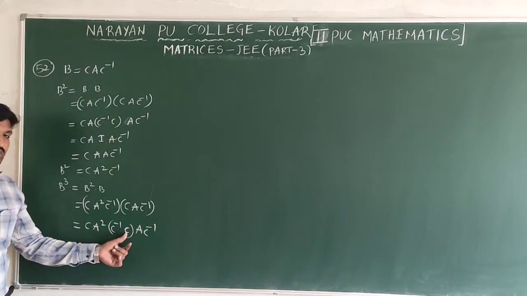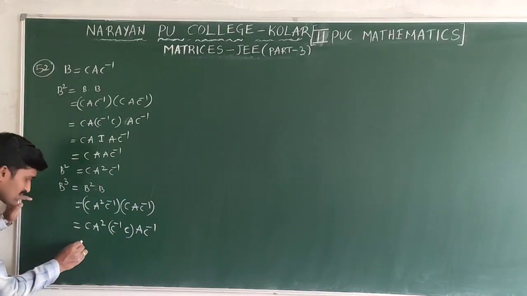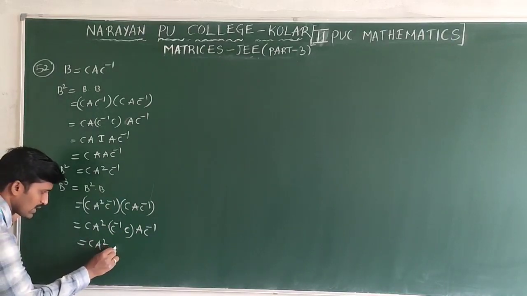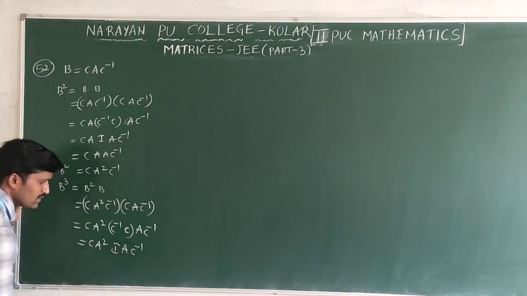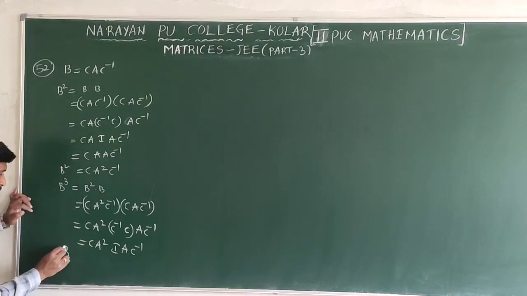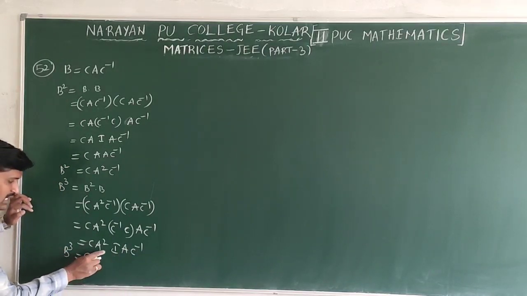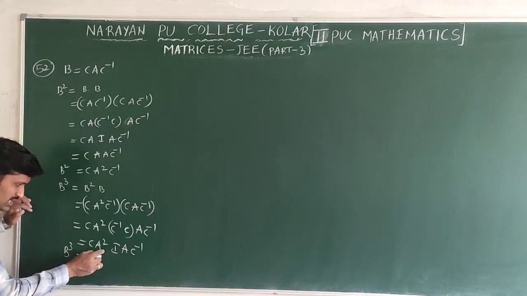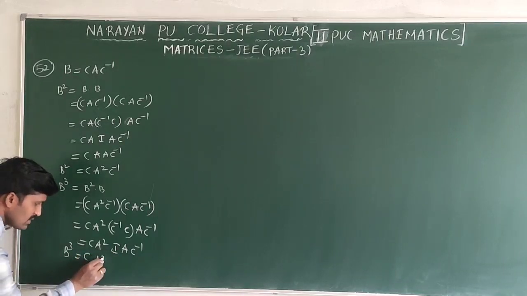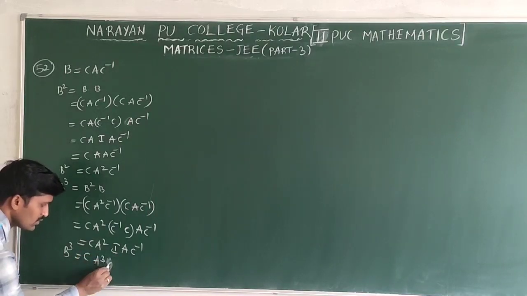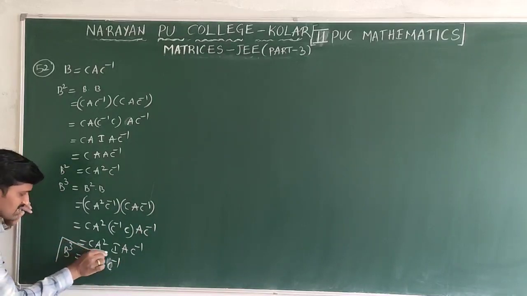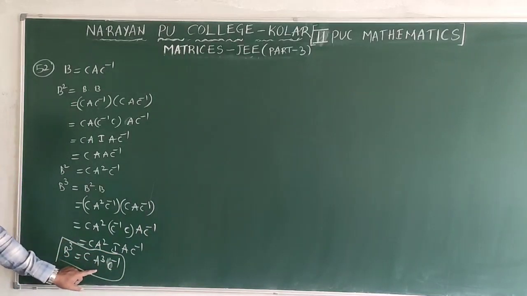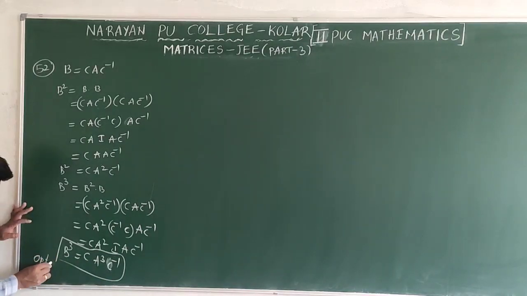Again C inverse into C is the identity matrix. C A square I into A into C inverse. Now B cube equal to C, A square into I is A square, and A square into A is A cube, into C inverse. They are asking which value? C into A cube into C inverse. How much did we get? B cube. Which option is correct? Option C is the correct one.